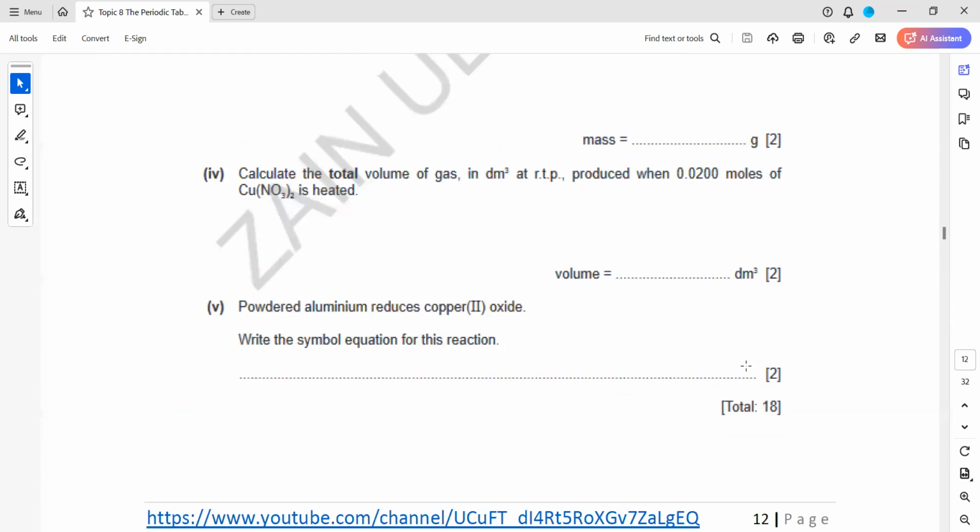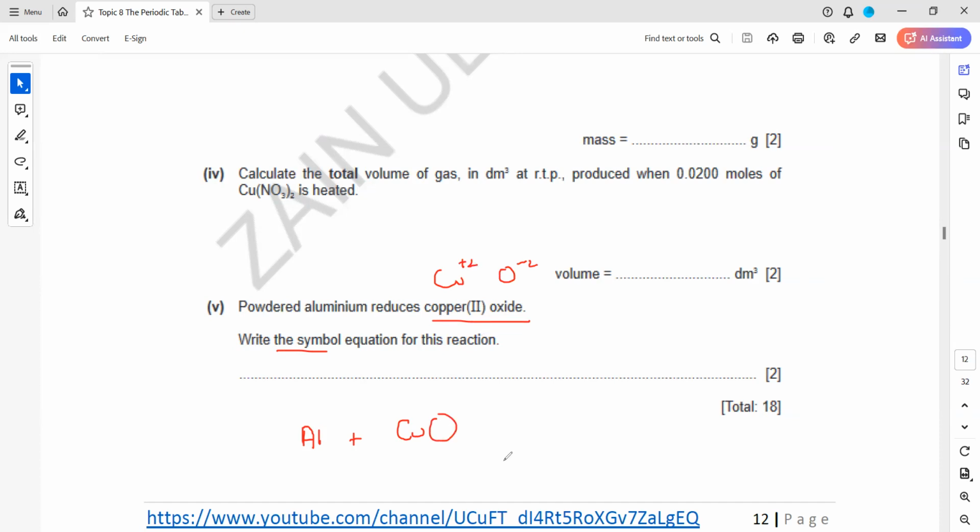Powdered aluminium reduces copper(II) oxide. Write a symbol equation for this. Powdered aluminium is a metal, so we write Al. What is the formula of copper(II) oxide? Copper's valency is +2 and oxygen belongs to group 6, so -2.